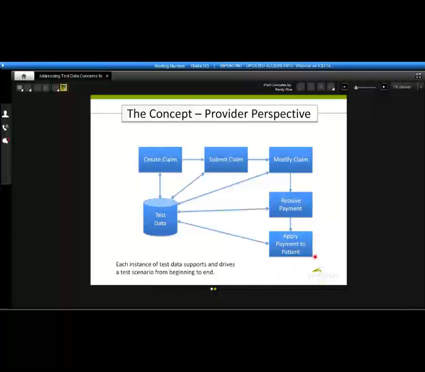Now, if we take it to the payer perspective, let's say you're in the role of an insurance company, then you're going to be doing something very similar, but your processes are going to be different. And your data will probably be different as well. Instead of having patient data, for example, you're going to have member data.